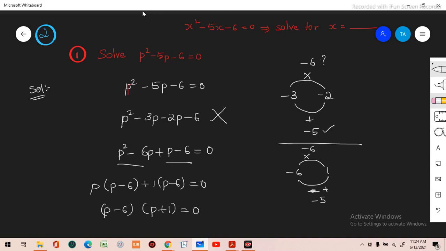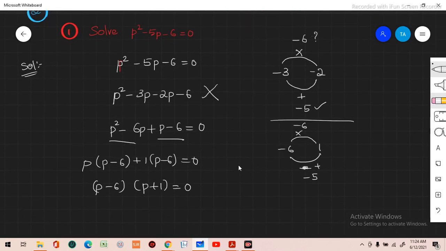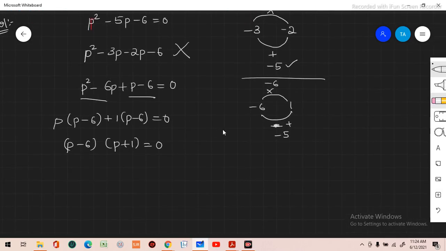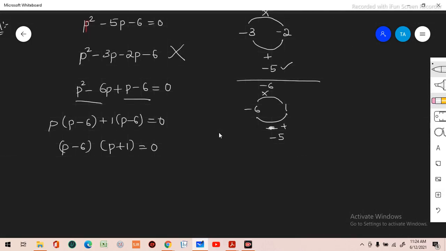Are you people following? Yes, sir. After getting this, here we have found out the roots of that equation, right? So this implies p minus 6 is equal to 0 or p plus 1 is equal to 0.